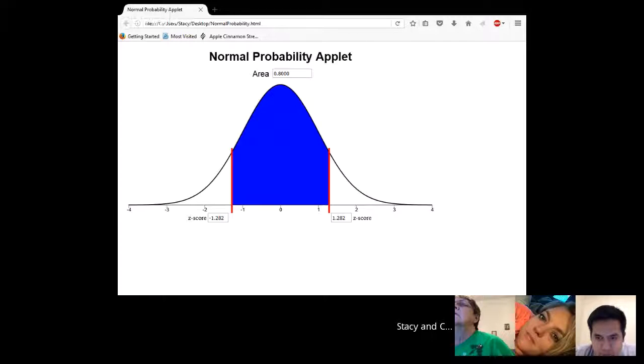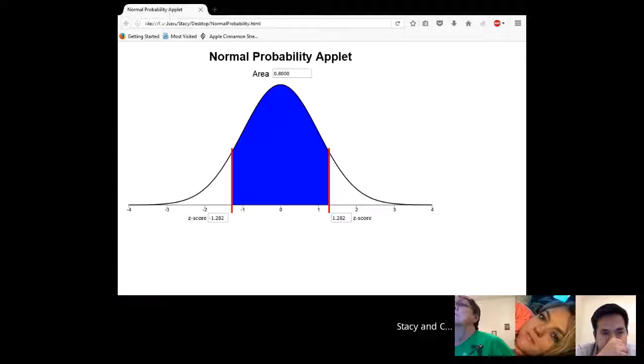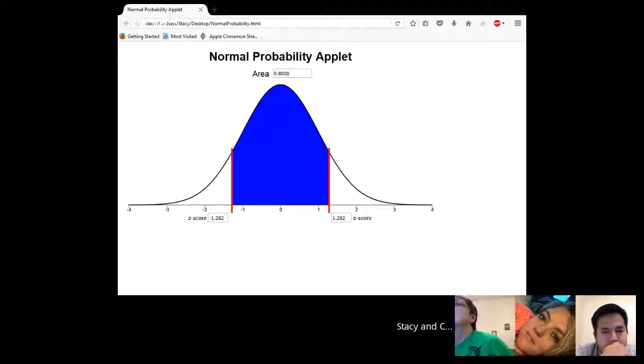Find the 35th percentile. Oh, you know what? I think we did it wrong, and I'll tell you why. It says find the 35th percentile, but it doesn't say what is the value. Well, maybe, I don't know.